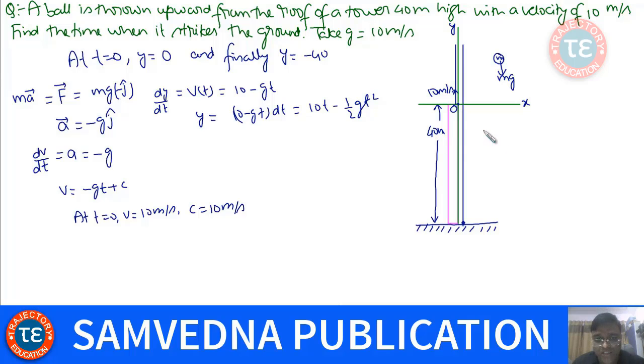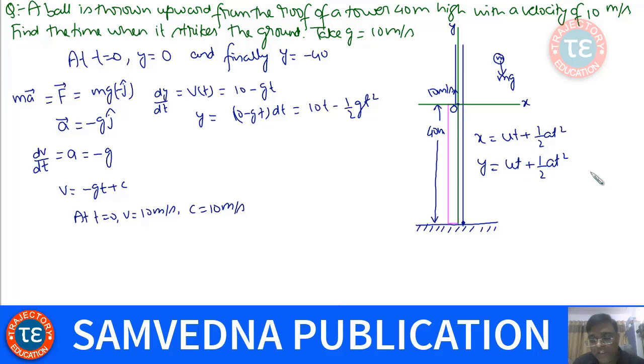But we can also use the formula that we have got in the last lecture. The formula was, I told you, when the motion is confined to one dimension, then your formula is ut plus half at square. There I assumed that the body is moving along x-axis. Here I am assuming body is moving along y-axis.